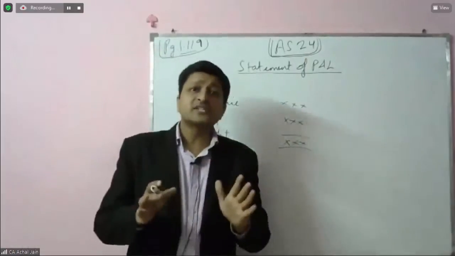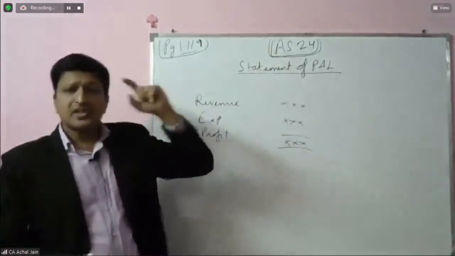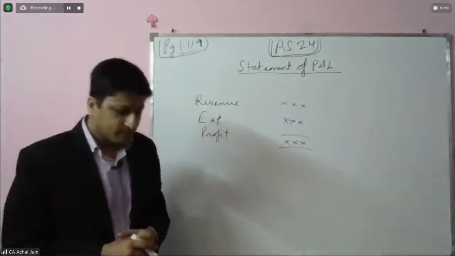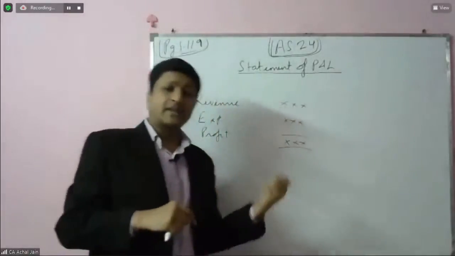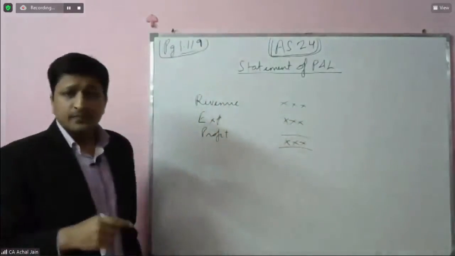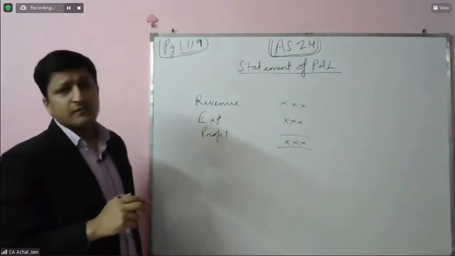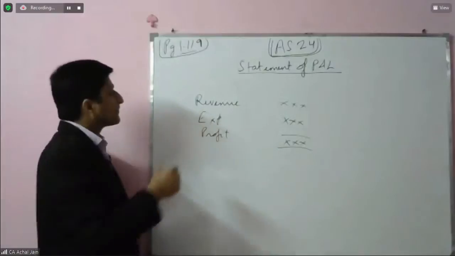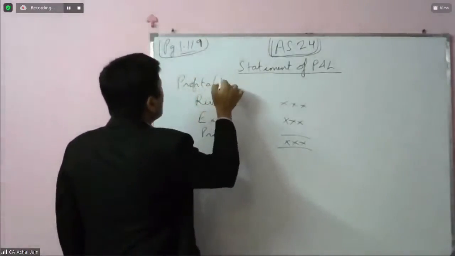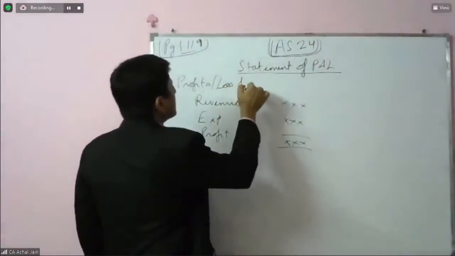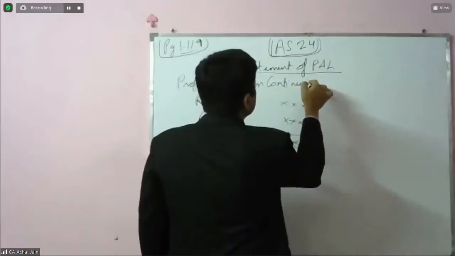And that qualifies for a discontinuing operation as per AS24. In such a scenario, what will the entity do? Entity will draw a separate P&L for that business line and the first business line. So whenever the entity does this, generally, this is what you will see. Profits or losses from continuing operations.